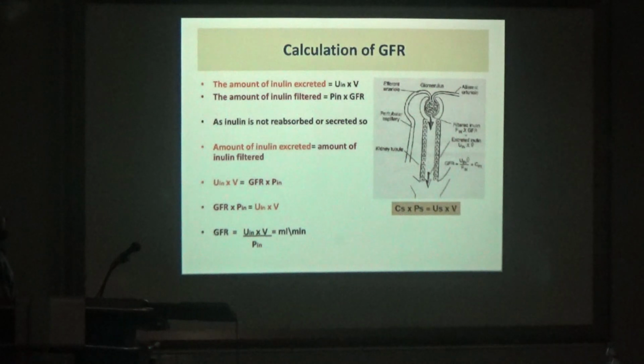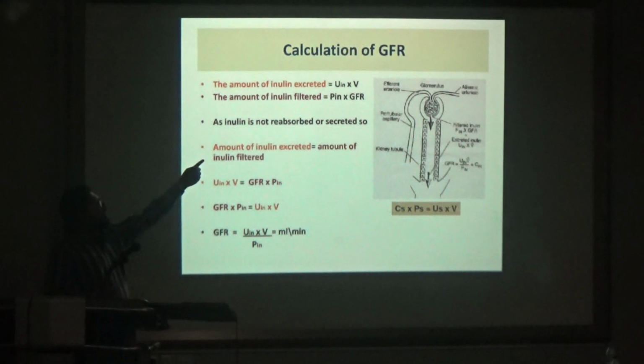Calculation of GFR: the amount of inulin excreted would be the urinary concentration of inulin, written as UIN, multiplied by the urine flow. That would be the total amount of inulin excreted. The amount of inulin filtered would be the plasma concentration multiplied by the glomerular filtration rate.